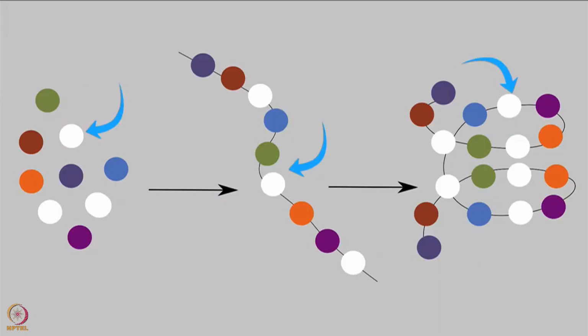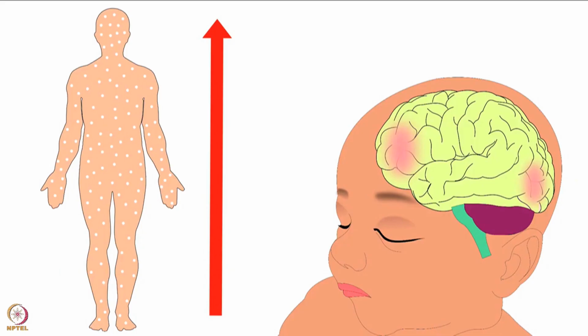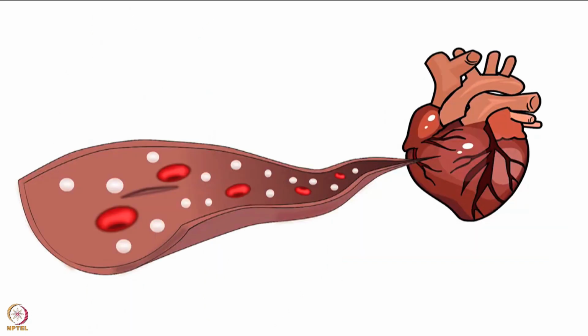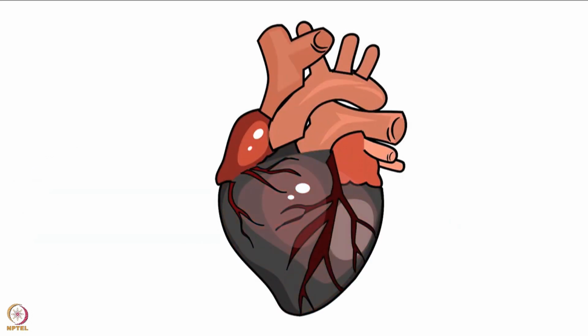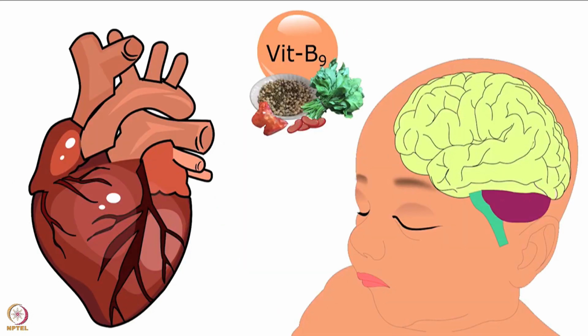Homocysteine is a type of amino acid used to make protein. High homocysteine levels impair cognitive function. It also damages the blood vessels of the heart. This increases the risk of heart diseases. Thus, folate helps in maintaining heart and cognitive function.